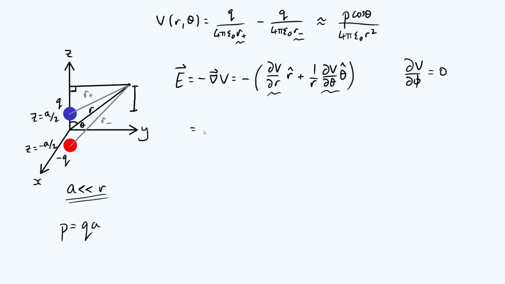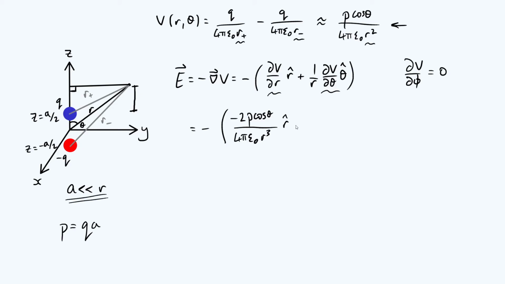So that electric field is going to be minus. So if we just take this thing at the top, differentiate with respect to r, we've got r to the minus 2, okay, because it's r squared on the bottom. So we pull down a factor of minus 2, so we get minus 2 p cos theta, and then the r squared on the bottom turns into an r cubed. So that's all multiplied by the r hat vector.